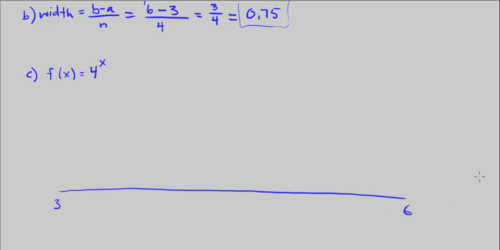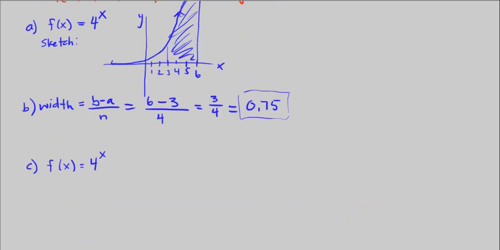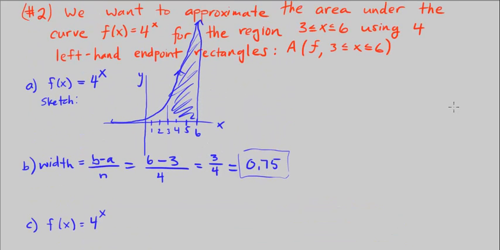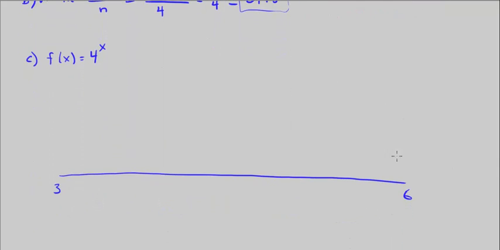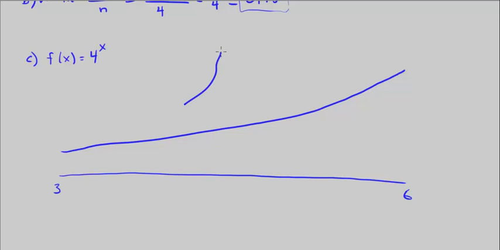This is what we want to look at. And we know that from 3 to 6, it's curving up really tall. But I don't have enough room, so I'm just going to draw it like this. We know it's really going up like this, but I'm going to draw it like this because that's the room we have.